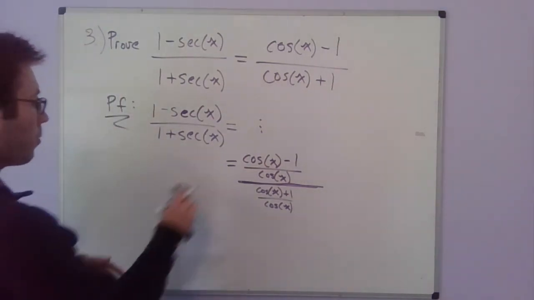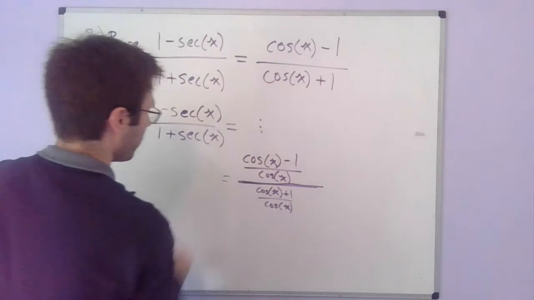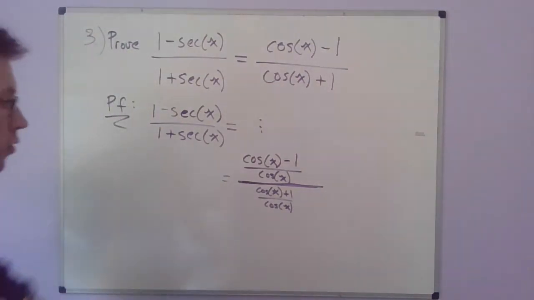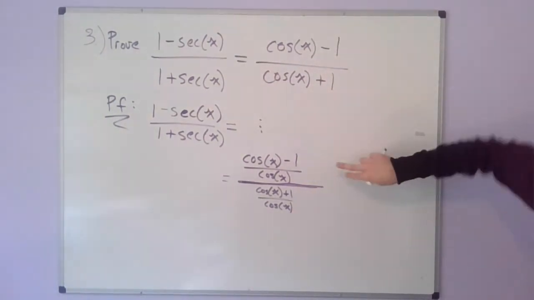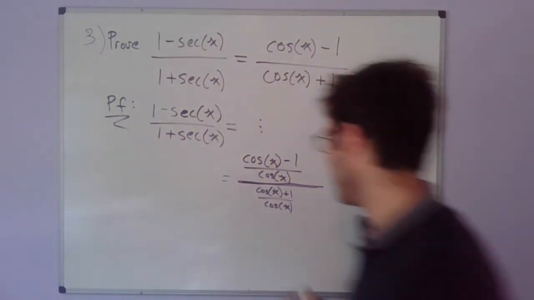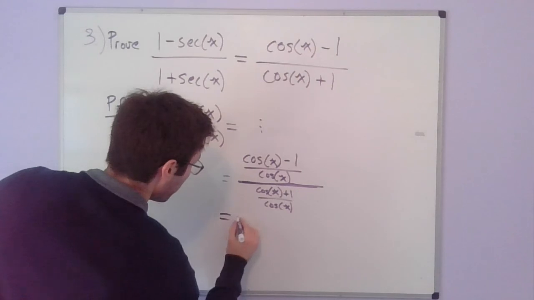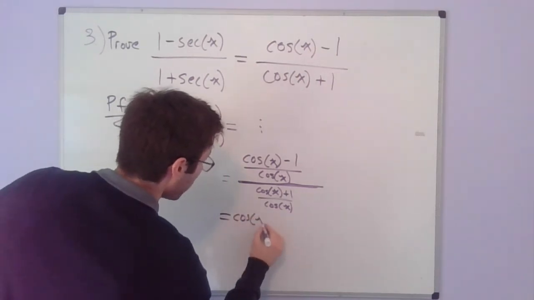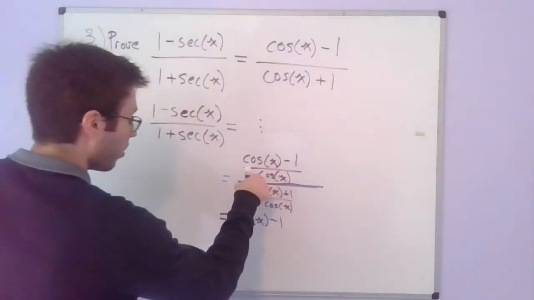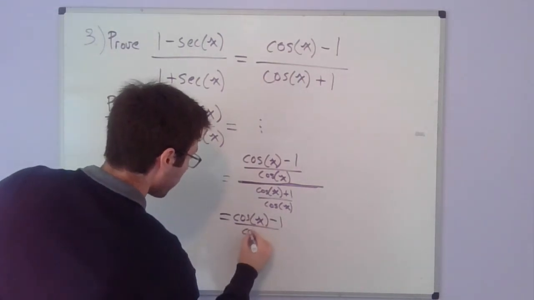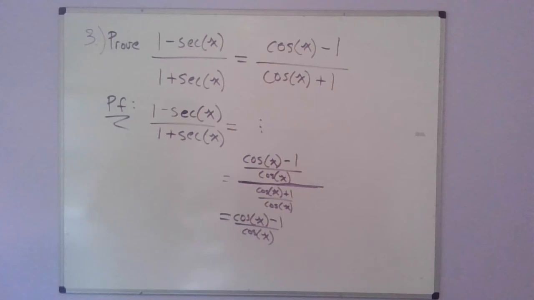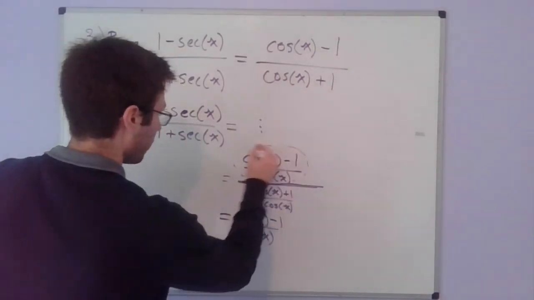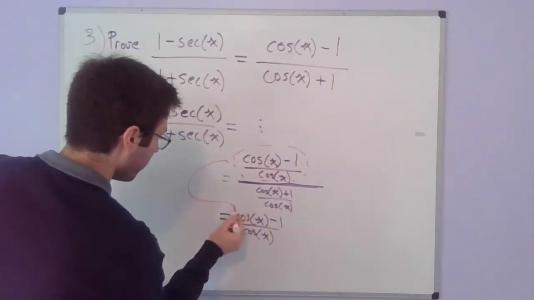Now, at this point, what I'm going to do is take this value here and flip it. So I'm going to multiply it up top. So I get this is equal to cosine x minus 1 over cosine x. I'm taking my numerator here and rewriting it down here.